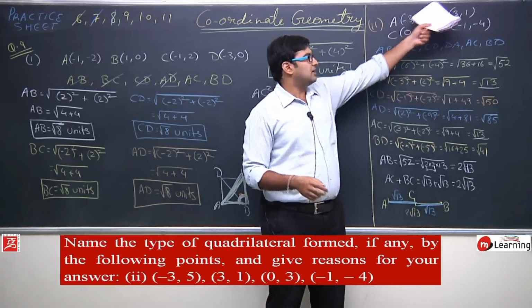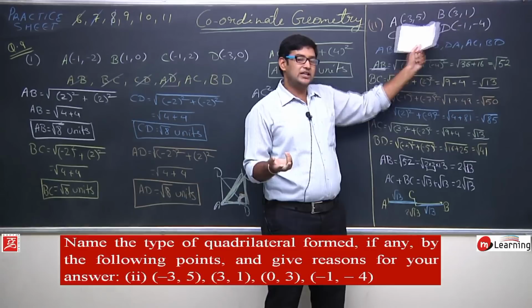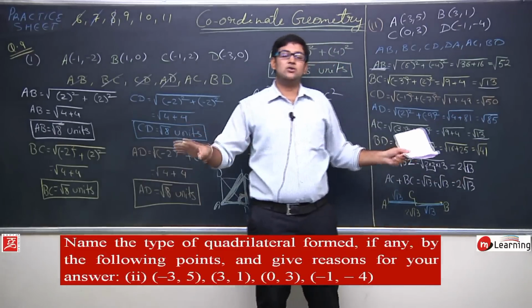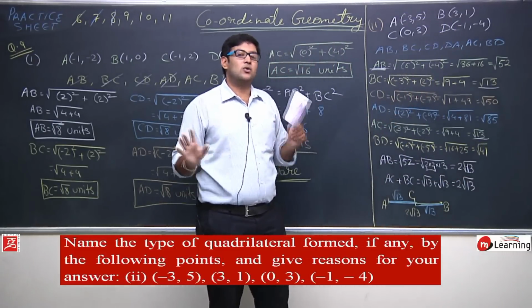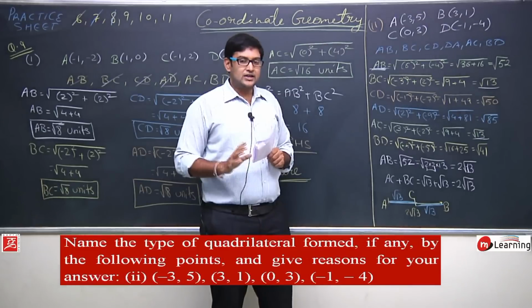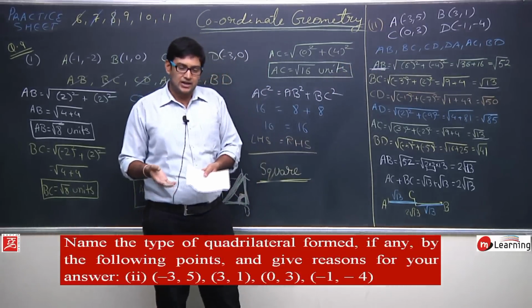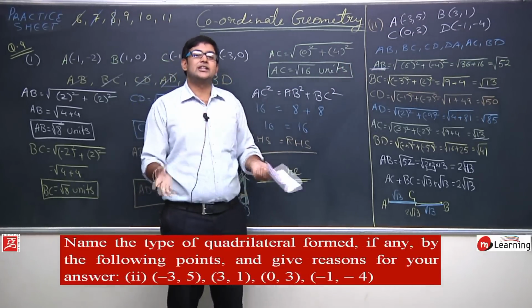For example, AB collinear है, AC collinear है, AD collinear है, BD collinear है, CD collinear है, लेकिन A, C और B तीनों collinear हो गए. इसका मतलब these 4 points cannot form a quadrilateral, and if this figure is not a quadrilateral, then it can't be a square or a rectangle or a rhombus or anything.